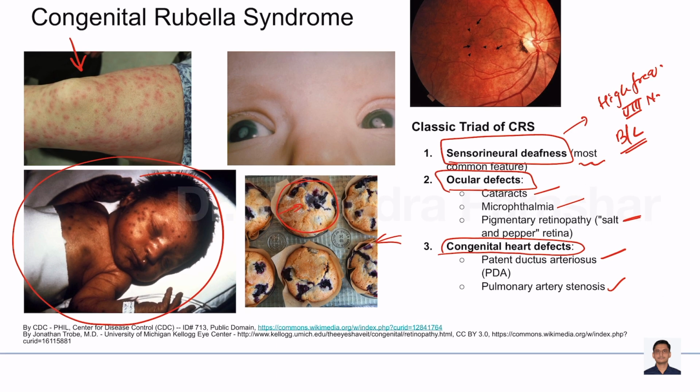Diagnosis can be made by infant IgM levels, persistent IgG for more than 6 months, or PCR for rubella RNA. Prevention can be done by MMR vaccination before pregnancy. It is contraindicated during pregnancy because it is a live vaccine, so it cannot be given during pregnancy.